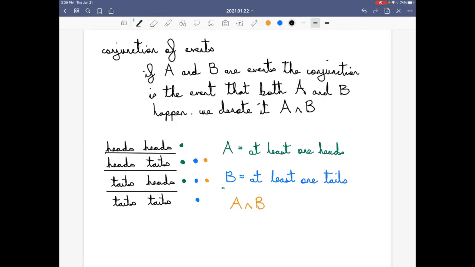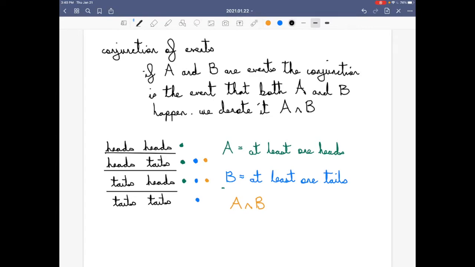two coin flip. So let's say that A is an event where we're saying the outcome has at least one heads. So there's 3 of our 4 outcomes which fall into that category. Heads, heads, heads, tails, and tails, heads. So those are the ones we've marked green.